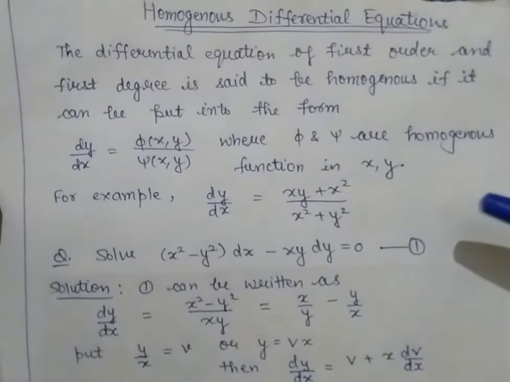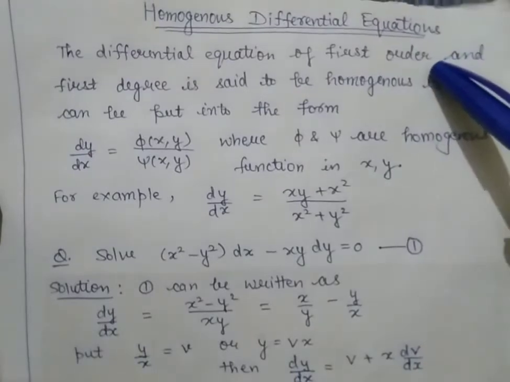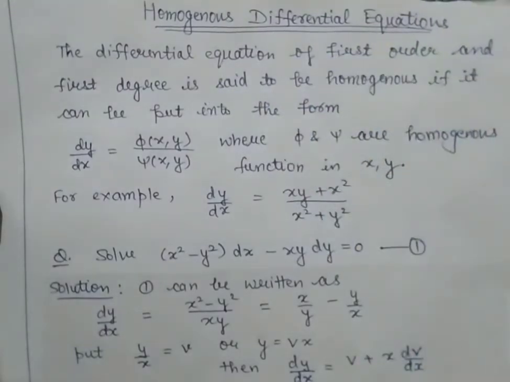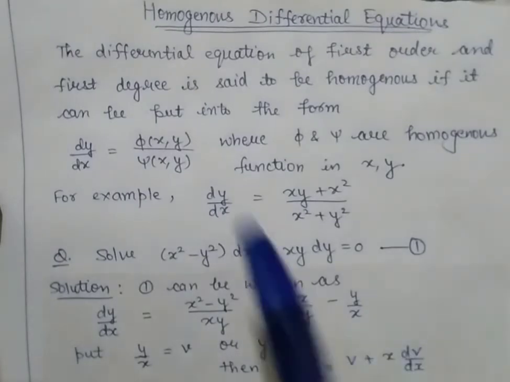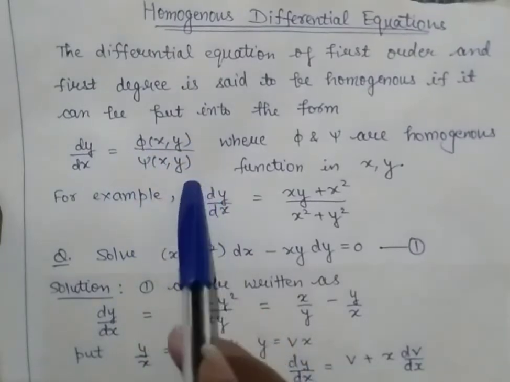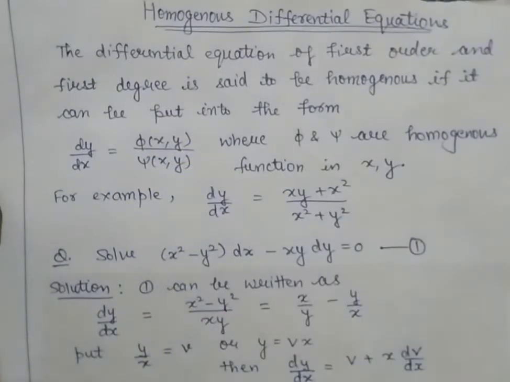That is, the order of the differential equation should be 1 and its degree is 1. That is, the power of dy by dx is 1 and it is of the form dy by dx equal to phi of xy divided by psi of xy, where phi and psi are homogeneous functions in x and y.